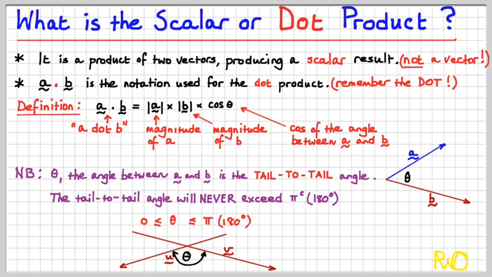Do you get what I'm trying to say? You must have tail to tail joined to get the angle theta, and be very careful with that. Please be careful with that.